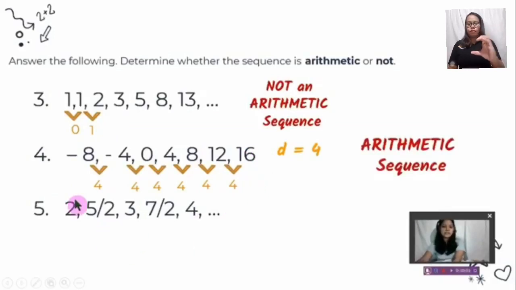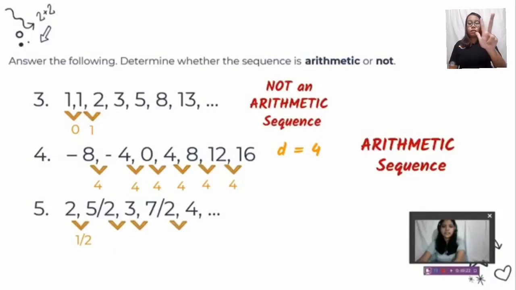Now, for number 5, meron tayong fractions. Now, let us get the difference. 5 halves minus 2, that is also the same as 2 and 1 half minus 2. So, 1 half.